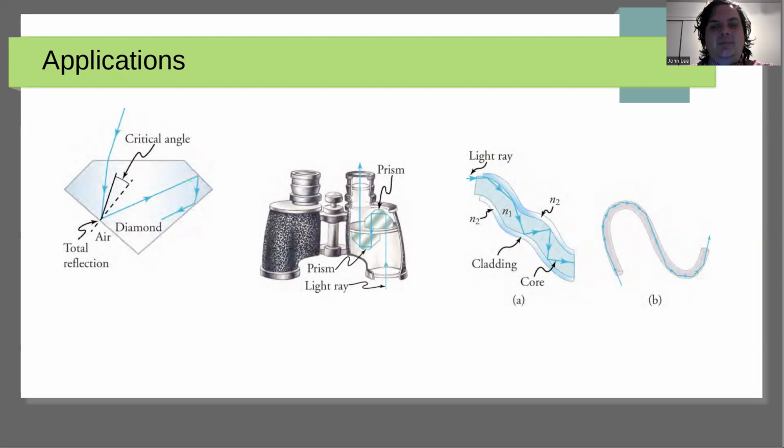You set up the material that you want to pass light through, and then you set up an outside coating which makes it very, very hard not to make the critical angle. And then it's just going to keep internally reflecting over and over as it passes through the fiber optic. That allows us to transmit information at the speed of light in that material.